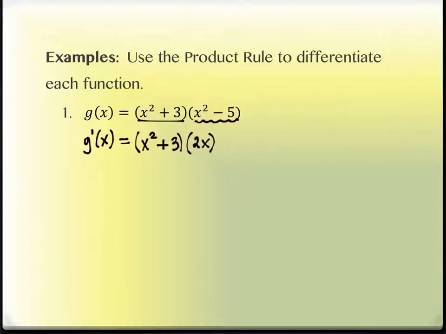So we're done. And then I've got the second half of the product rule. I add. Now I want the derivative of the beginning part. What's the derivative of x squared? 2x. And the derivative of the plus 3? 0. And I multiply that by the original of the second one, which is x squared minus 5.